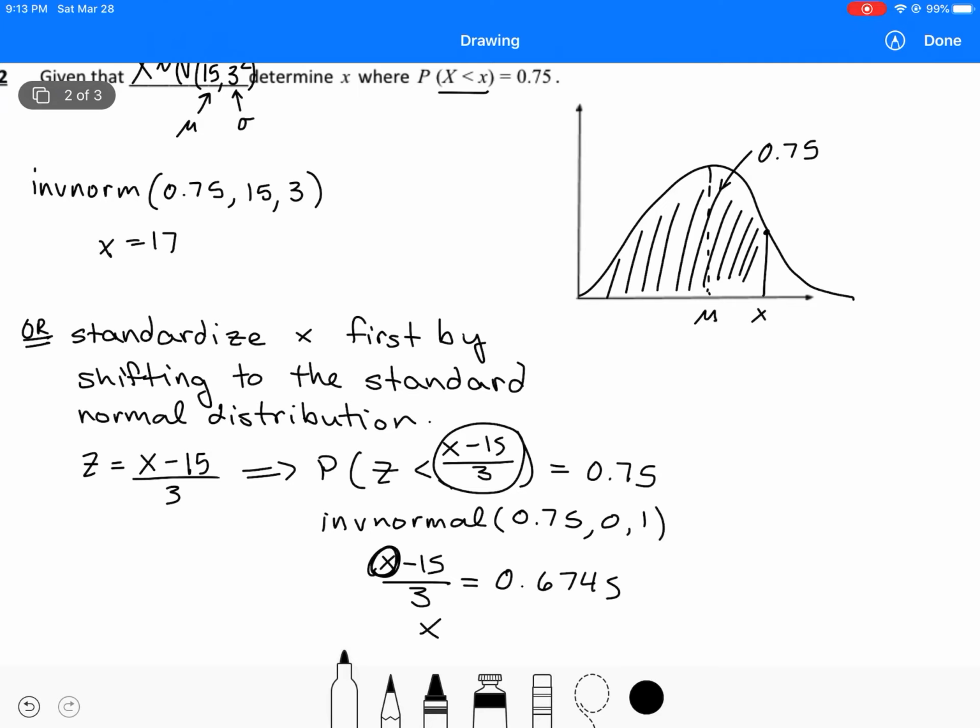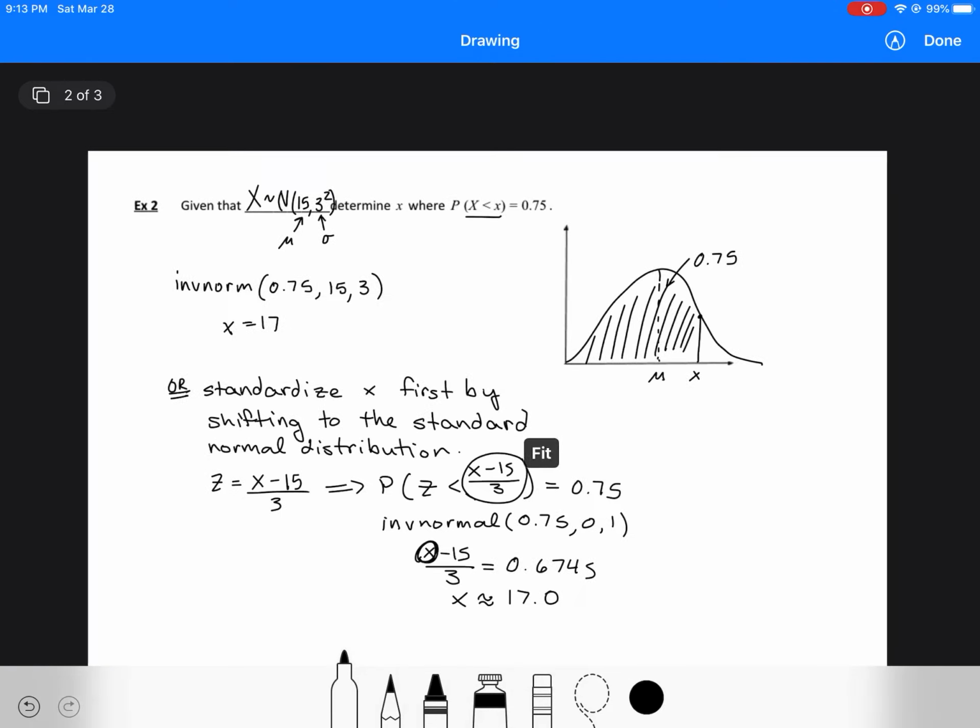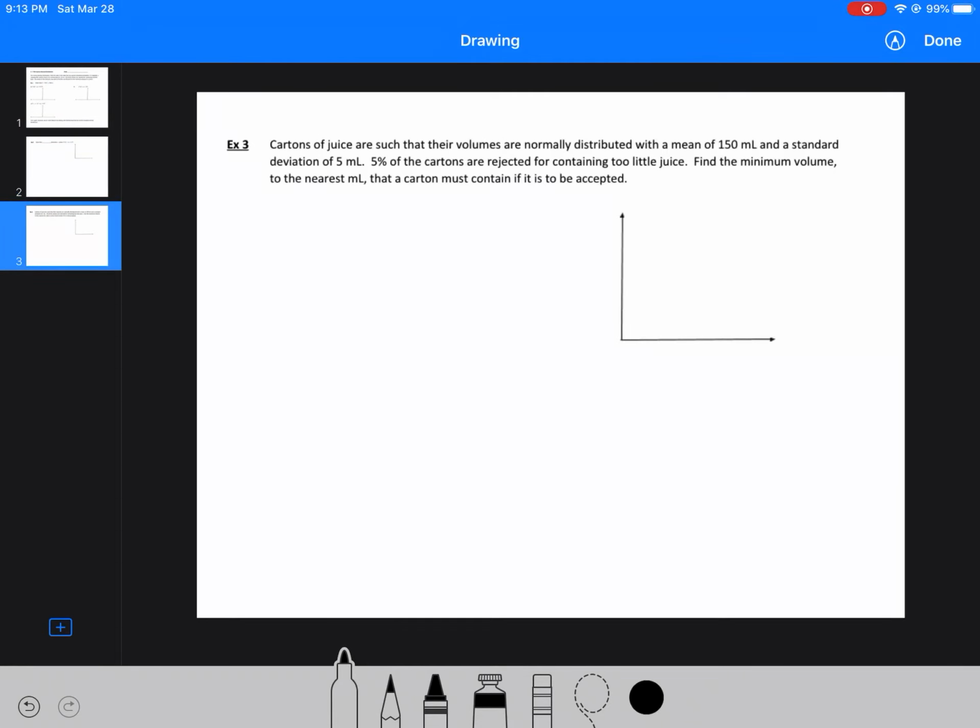Now we are solving for x in this case. Okay, and you will get about 17. So standardizing, not really that much more efficient here. In future problems and more challenging problems where you don't know the standard deviation, but you do know the x value, you can use this approach to be able to solve for other missing parameters.